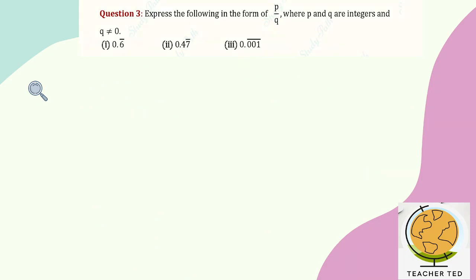So I'll come back to the third problem, that is x is equal to 0.001 whole bar, and we can write this as 0.001, etc., since the term 0.001 is repeating in this. So call this equation number 1.